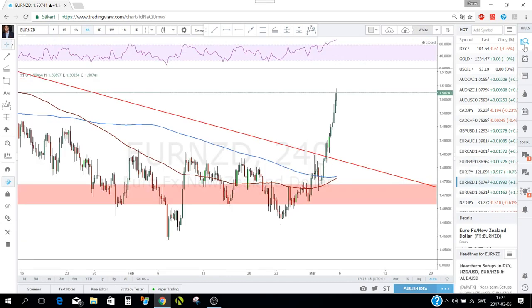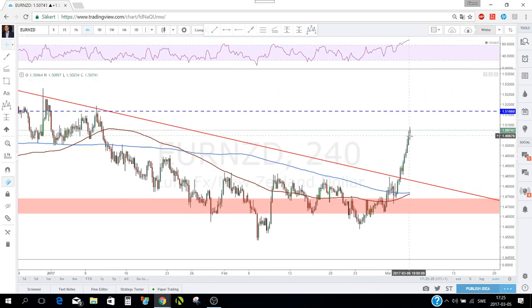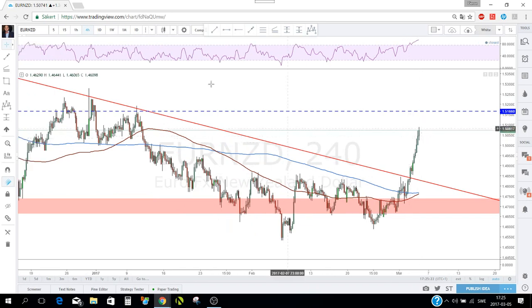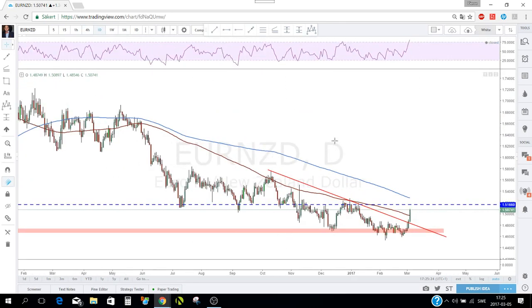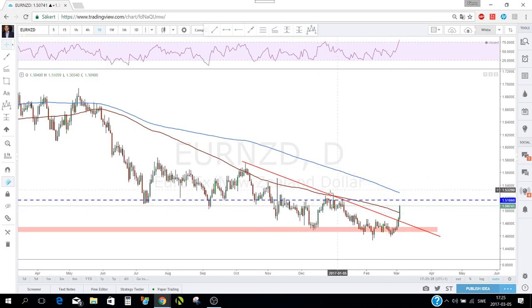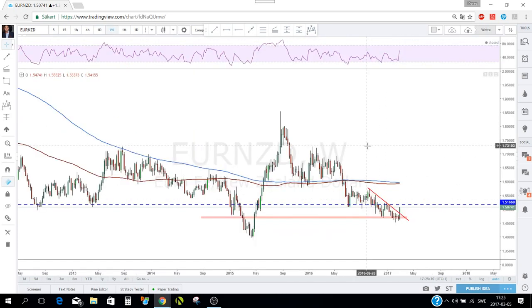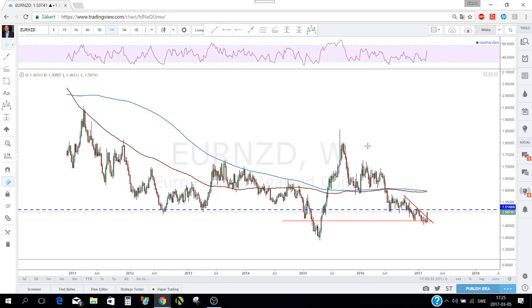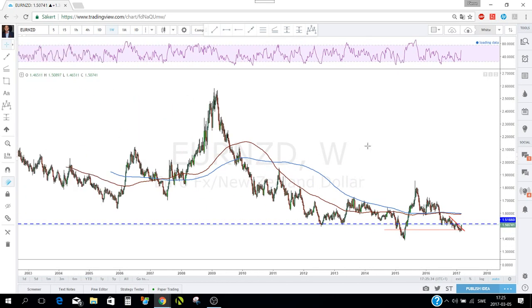Euro New Zealand, we actually have the same scenario. Let's go to the daily. As I said before, all the euro pairs are very interesting. This one though, let's go to the weekly now.